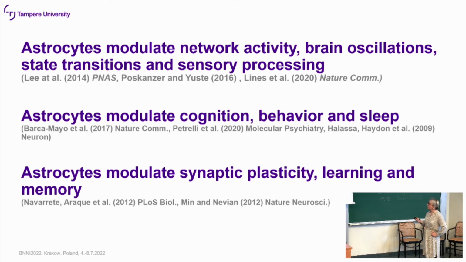You get some very high quality publications as examples. Astrocytes modulate cognition, behavior, sleep. Astrocytes modulate synaptic plasticity, learning, and memory. But here I have to say that there are controversies, which we don't have time to go into, but I have written about those in a little more layman manner in some of my publications, so you can look at the controversy there.